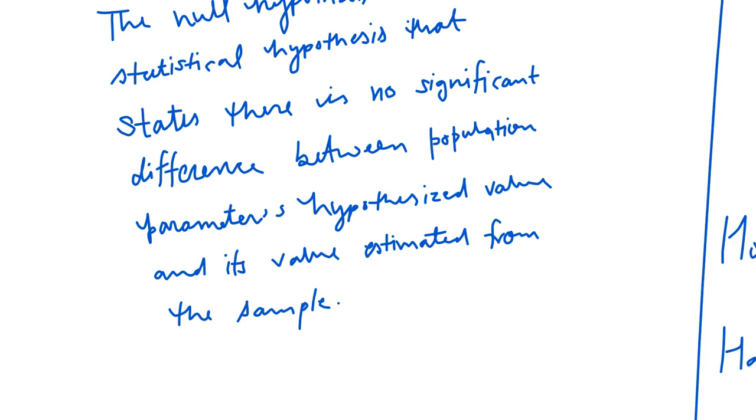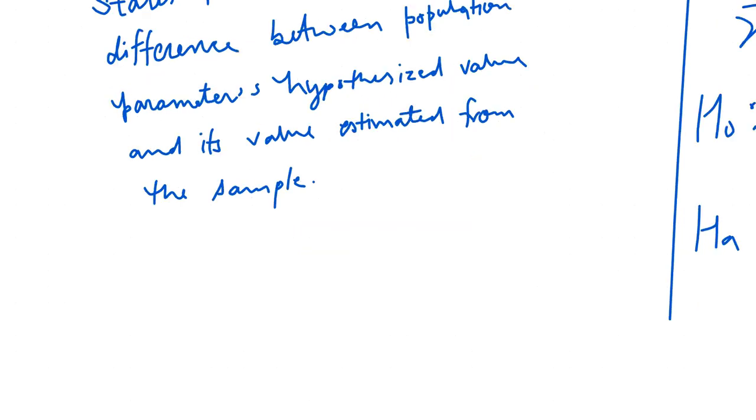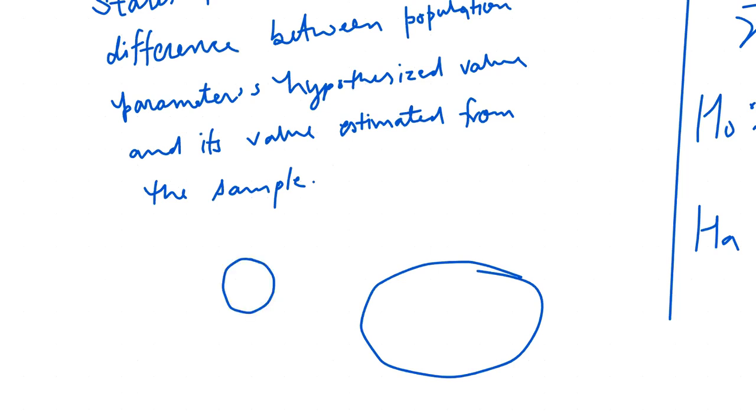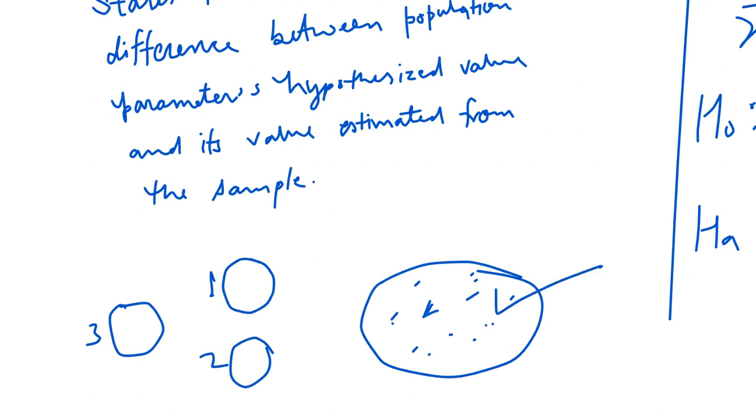If we have a first sample, a second sample, and more, obviously we have taken samples from here. So obviously the property which shows in this population, similarly they'll show the same property.